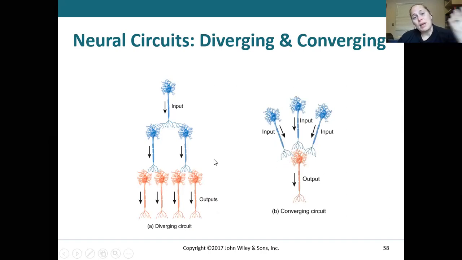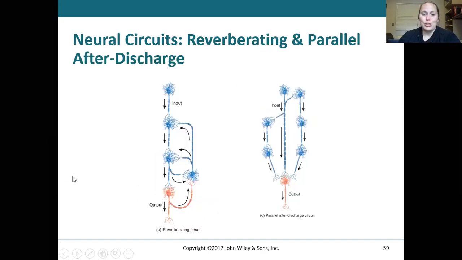Depending on the placement of these neurons, structure is essentially going to affect function. Other types of circuitry: reverberating circuits, where you have circuits that are looping back onto themselves. This is very much a regulation type of circuit. We see this probably a little bit more in the peripheral nervous system and the spinal cord.